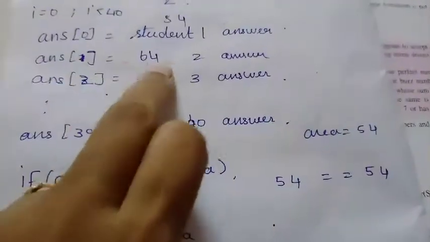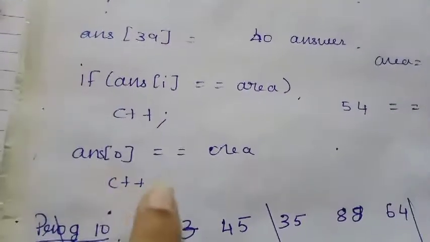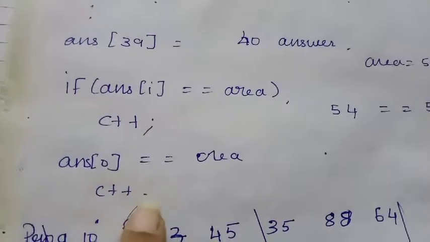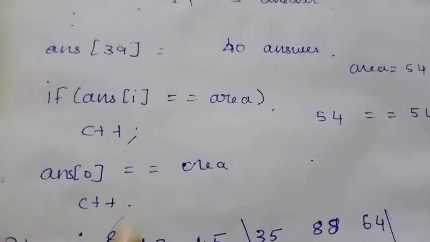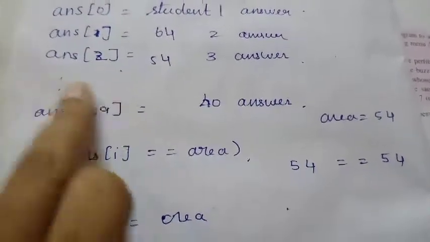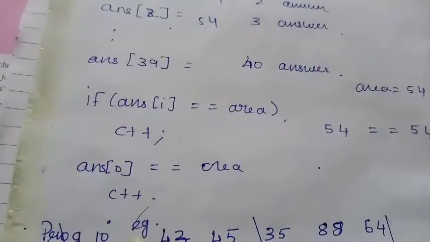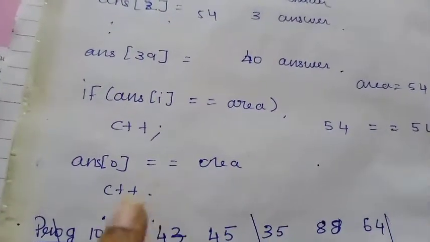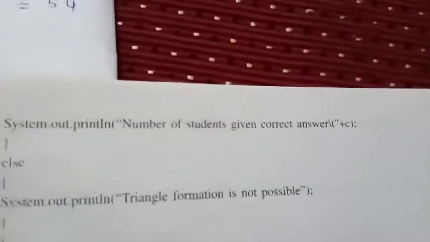Because this person didn't say it right, among 3, 2 persons have said the correct answer, so C will be 2 now. Similarly, till the 40th student's answer, that is till answer of 39, it will keep checking, and once the answers are correct, C++ will keep being incremented. At last you will get the number of students who have said the correct answer.